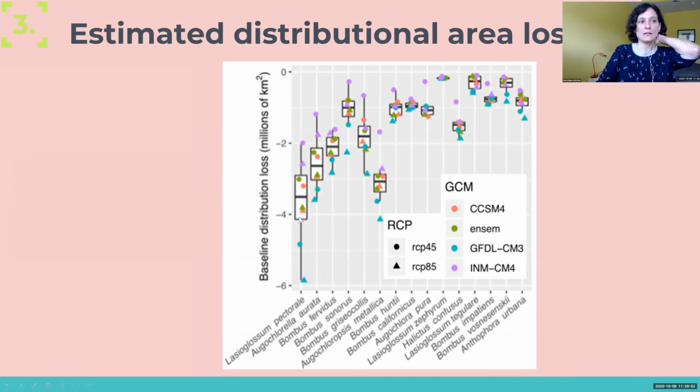And then these box plots show the variation across the 3 global circulation models that we used, plus the ensemble that is an average of 15 global circulation models, and then the 2 emission scenarios.